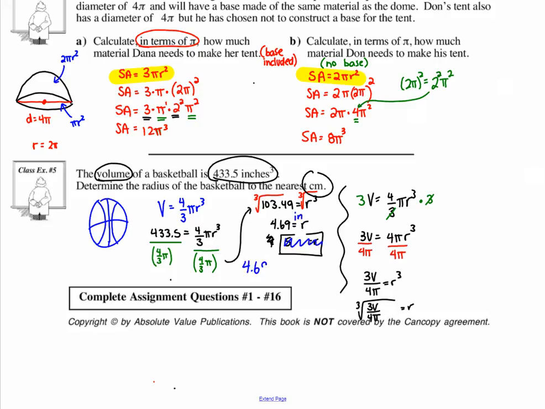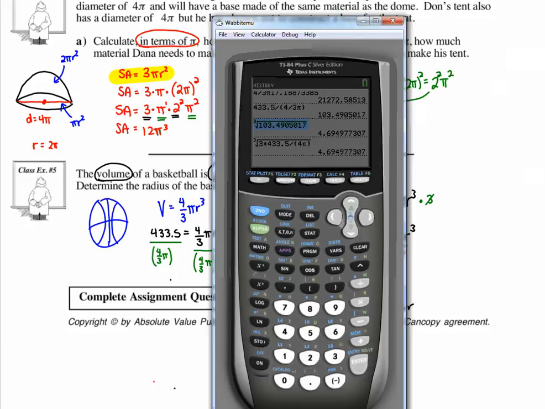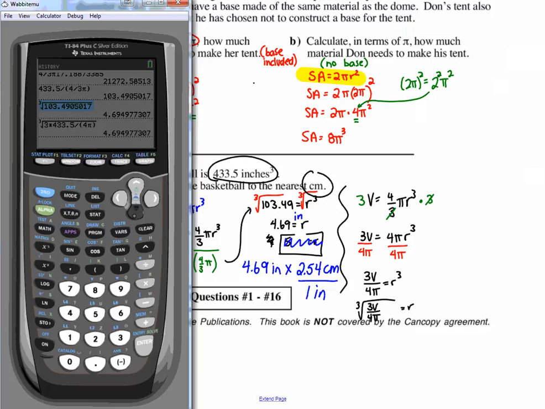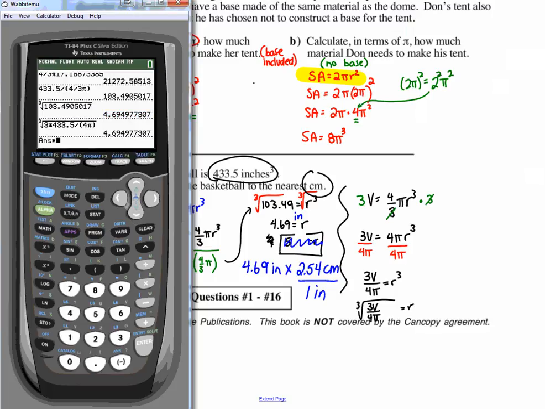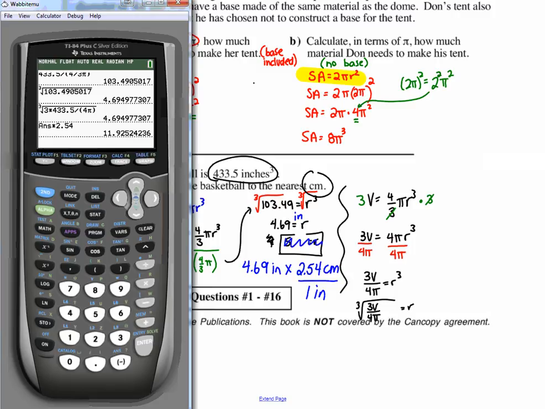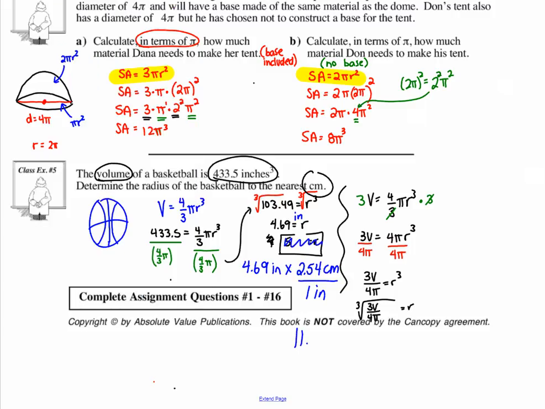Times by what? 2.54 centimeters in 1 inch. So what does that give you? Previous answer times 2.54. That sound better? 11.9? Well, so the nearest then would be 12 centimeters. Good eye.